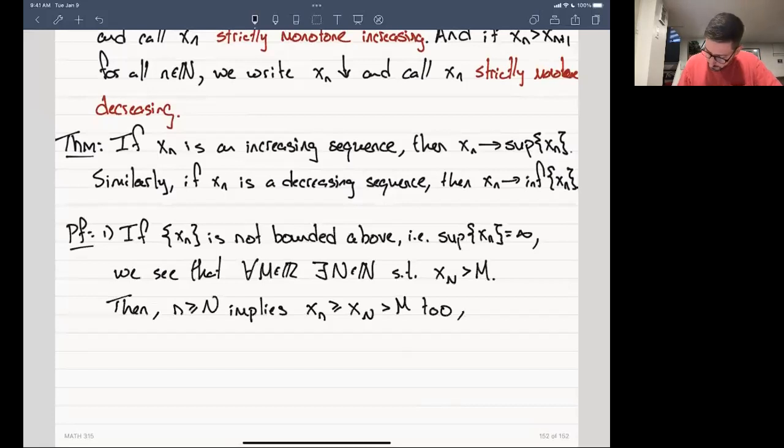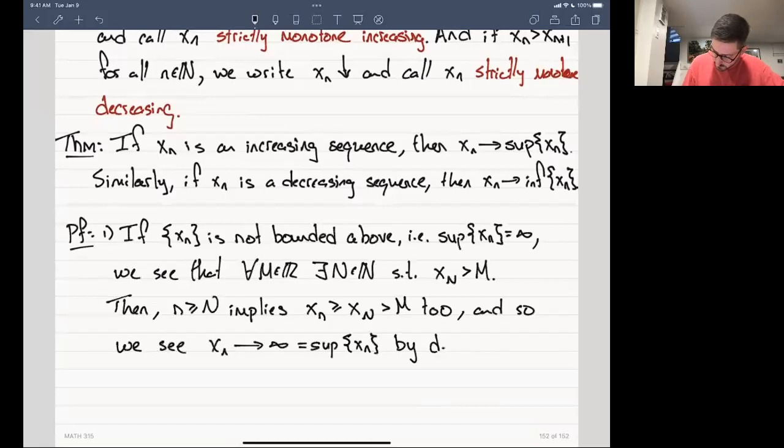And so we see that xn is approaching infinity, which is just the supremum of xn in this case, by definition. This is just from the definition of a sequence approaching infinity. It says if we define some cutoff point arbitrarily large, every element of the sequence beyond some point is above that cutoff point. This is just the proof.